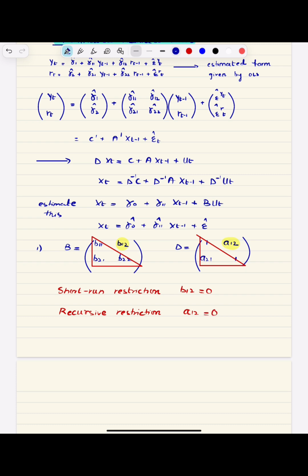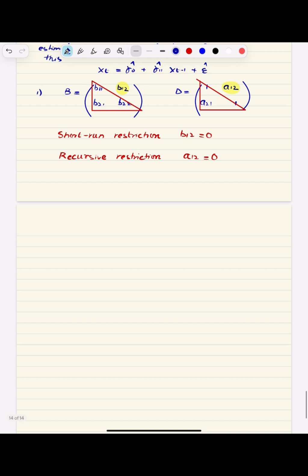Okay, let's practice one more. Let's suppose you had a 3 by 3 system. So for instance, our matrix could look like B11, B12, B13, B21, B22, B23, B31, B32, B33.